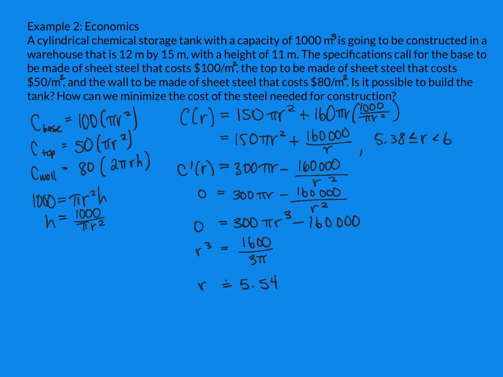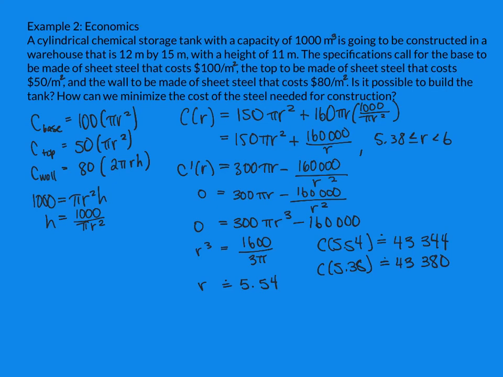So we're going to find out the cost at 5.54, which will turn out to be approximately 43,344. The cost at 5.38, because again, we have to test the ends of our intervals because it's a defined interval, is 43,380.